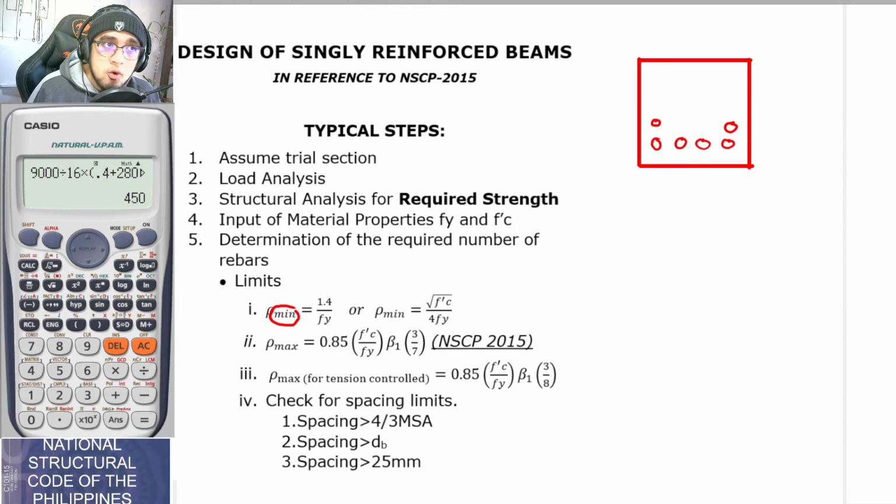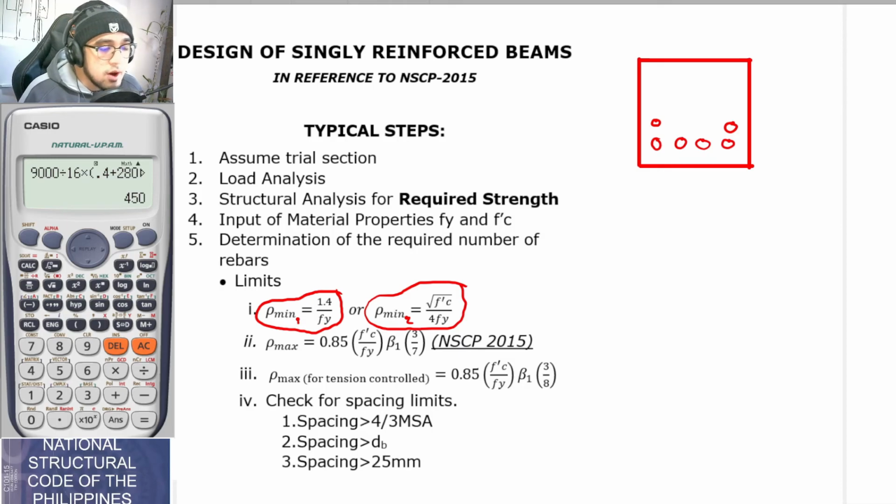But why are we getting the greater value here? So sabi minimum pero bakit yung mas malaki yung pinipili natin? Because basically guys, you must satisfy both of these equations. So this is to be your rho minimum 1 and this is to be your rho minimum 2. And these two rho minimums right here should be satisfied. So dapat masatisfy yung dalawang rho minimum na yan.